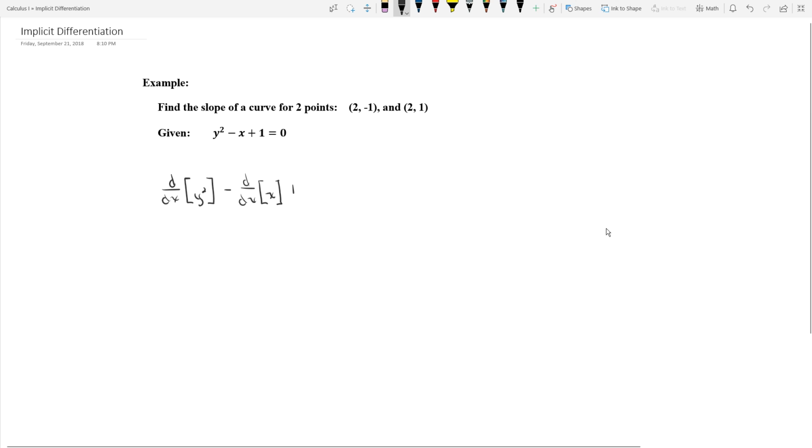So we have that plus the derivative, d with respect to x, for 1. And what we do to one side of the equation, we must do to the other. So then we will have the derivative with respect to x of 0. So from here, we are treating this y squared in a way that is similar to the general power rule.